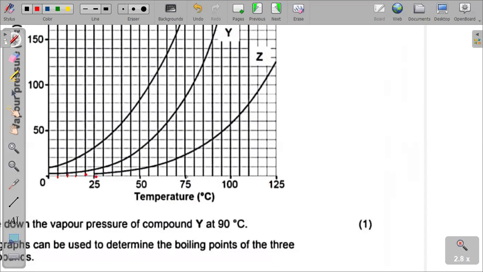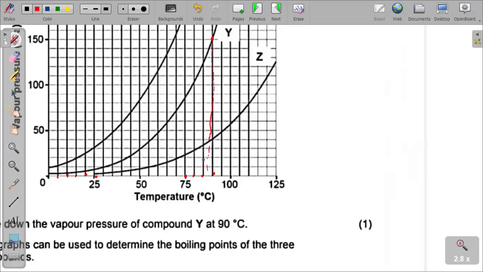Therefore, we are saying this is 75 here, this is 80, 85, this is 90. So what we want is the pressure for Y at 90 degrees Celsius here at this point. So we want this pressure that is corresponding with the 90 degrees Celsius, right?